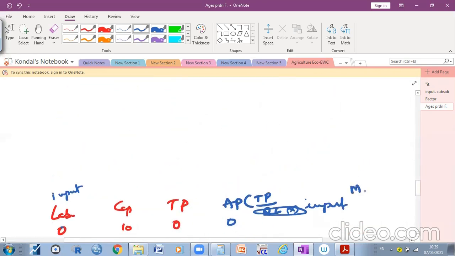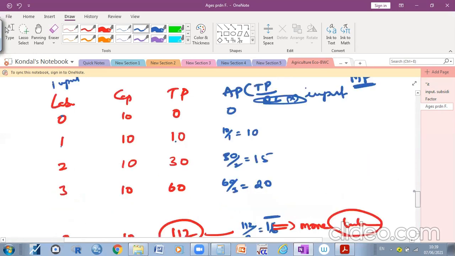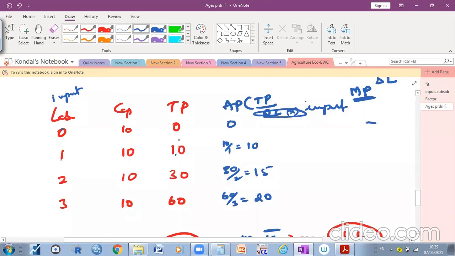Then MP. What is MP? Marginal production. How can we calculate the marginal production formula? Delta TP by delta L, where L is labor. Here, what is the difference between 0 and 10? 10 by 1, that is 10. Then the difference between 10 and 30 is 20, 20 by 1 is 20.